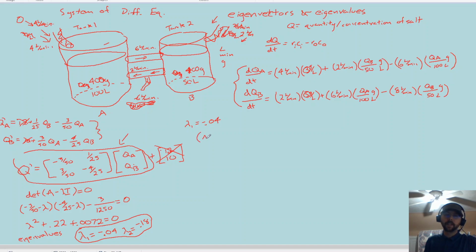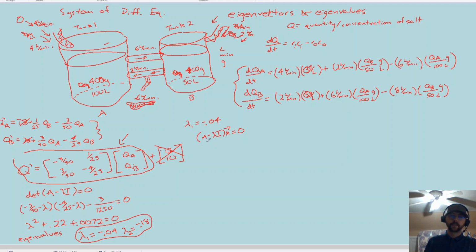We have A minus lambda I times k as a vector equals 0. And if you're doing repeated values, you want to do k1 and k2 because there'll be two separate vectors, but for this there's just one.